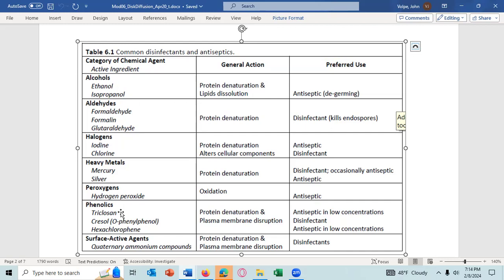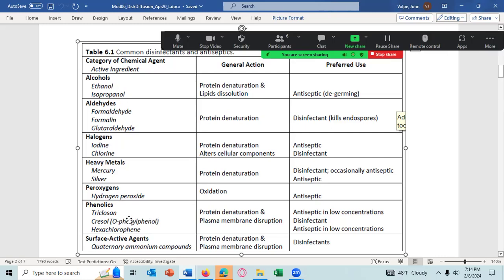Now, if you're only exposed to it one time for one surgery, it'd probably be okay. But it's also corrosive to the metal surgical instruments. So like I said, phenol was not a good agent to use. Today, we use it mostly as a disinfectant when we're cleaning up spills or somebody throws up and you clean it with phenol. It can be used as an antiseptic at low concentrations. Surface active agents, quaternary ammonium compounds, are used as a disinfectant, and these are often used as soaps or detergents to wash things.